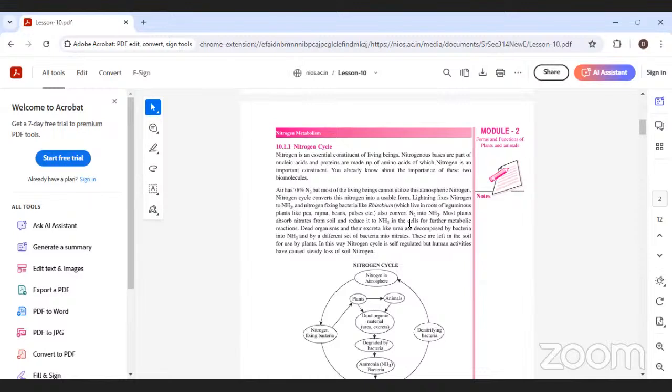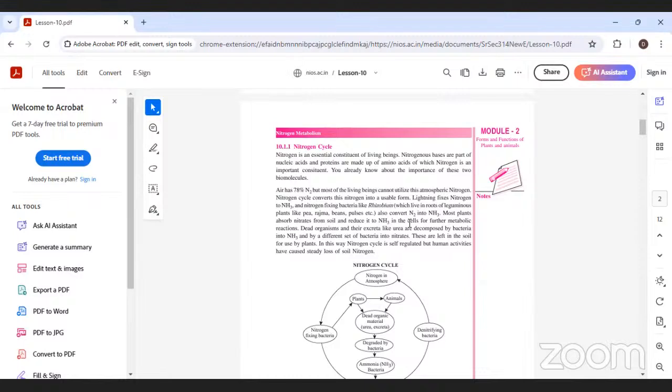These are called symbiotic bacteria, for example Rhizobium meliloti and Rhizobium trifolii. Other microorganisms live independently in the soil; these are called non-symbiotic, independently living bacteria, for example Azotobacter and Nitrosomonas, along with certain species of fungi and blue-green algae.